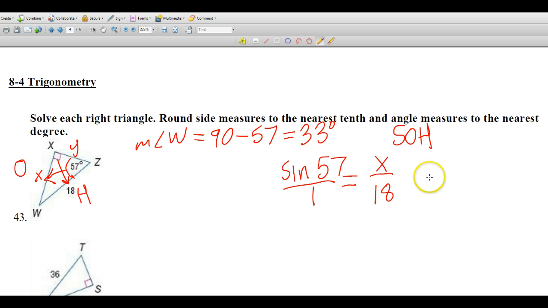So 1 times X would be X is equal to 18 times the sine of 57. And we would type that in. So X is WX, which is 15.1.